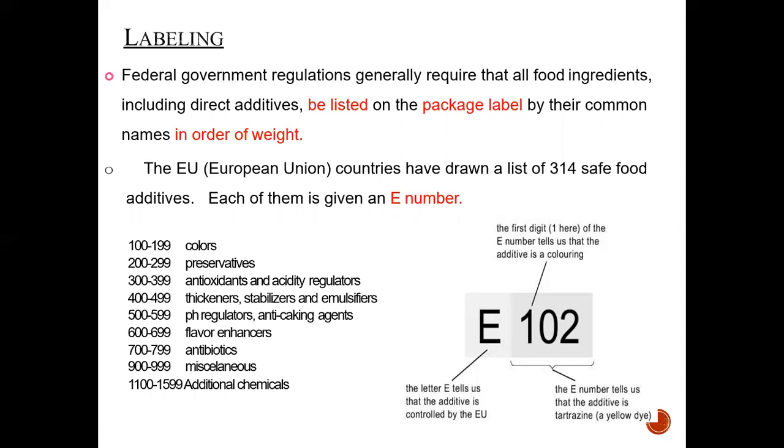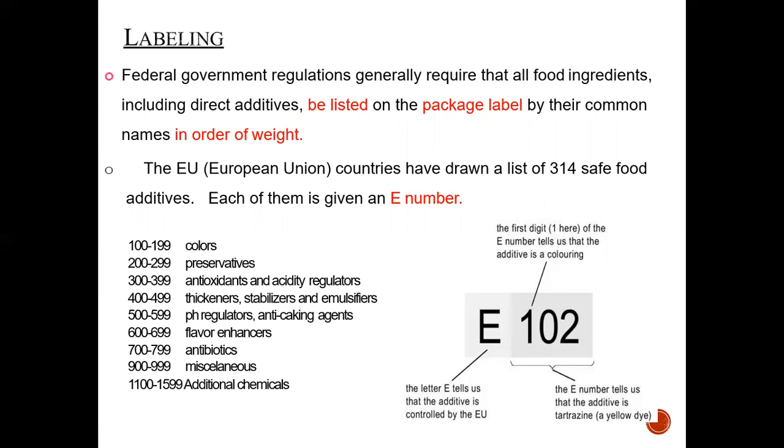For example, if a lot of color is added, then that should be listed first, then the thickening agent, the emulsifier, etc. The European Union countries have drawn up a list of 314 safe food additives, and each of them is given an E number. E is for Europe, because it started in the European countries, and it is controlled by the EU, the European Union.